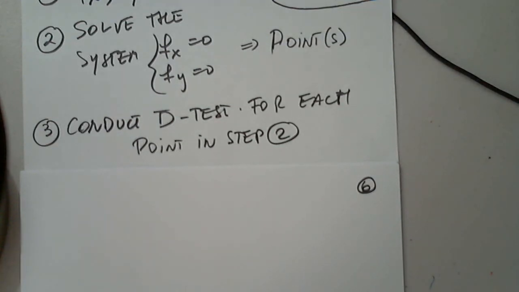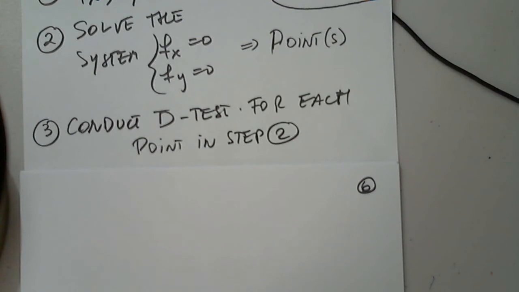Okay, I'm going to share my screen and go to page 576. Okay, so let's start with a function. Let's pick a function. Find the relative max or min value.